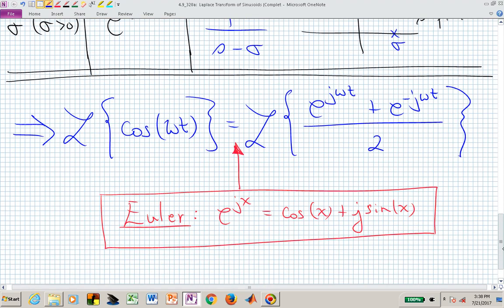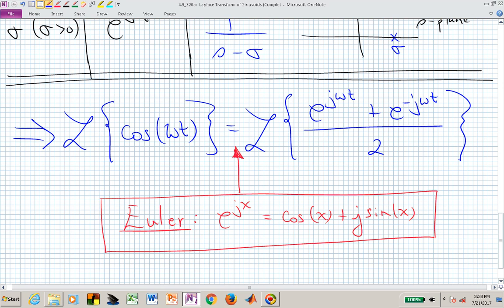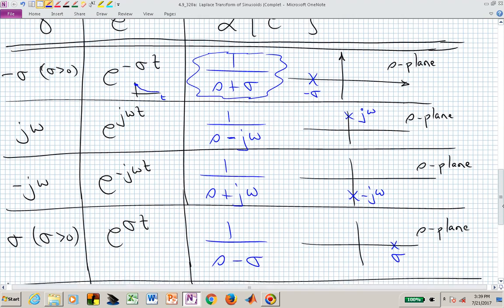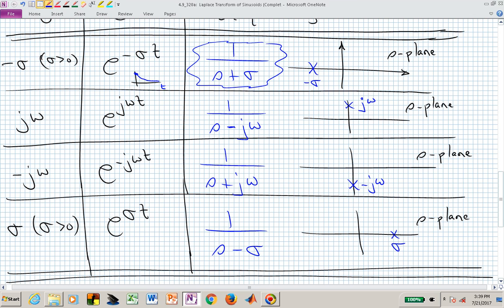And we're going to use that to our advantage, because now, instead of having to try to integrate cosine omega t weighted by this complex exponential e to the minus st to find the Laplace transform, we can actually use the linearity property of the Laplace transform together with Euler's identity to rewrite the cosine as this linear combination of complex exponentials. And that now we already know from rows 2 and 3 of this table what the Laplace transforms of those complex exponentials actually are.